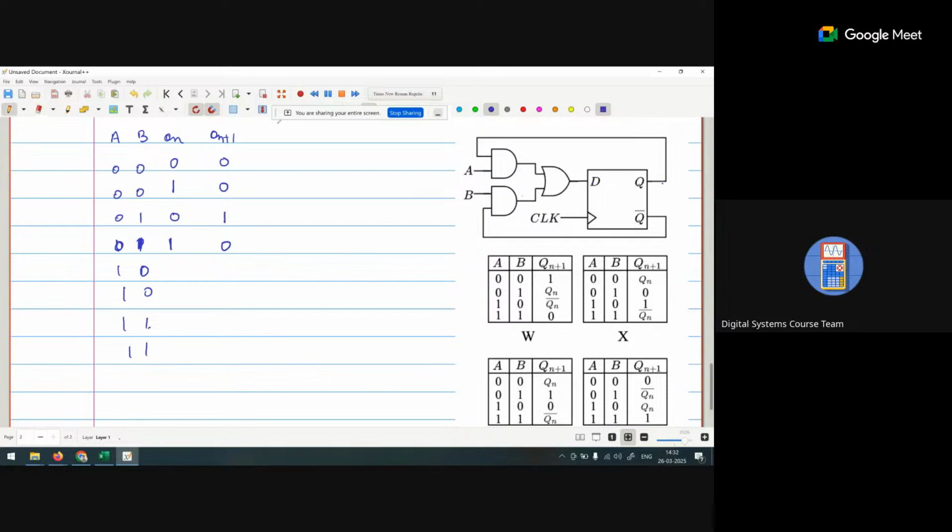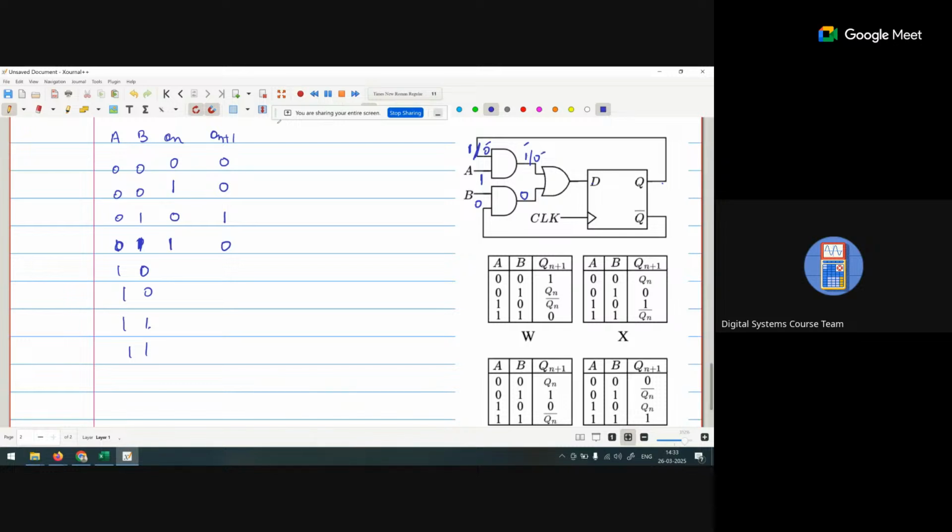Now when A is 1, B is 0, so here we are 0. Now here either we are getting a 1 or 0. When Qn is 1 we get 1, and if Qn is 0, we get 0.